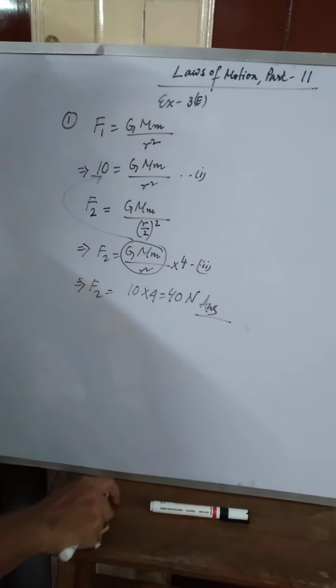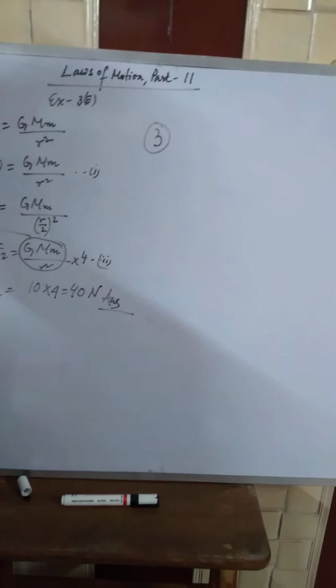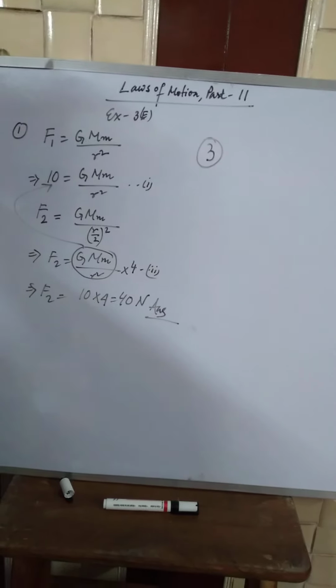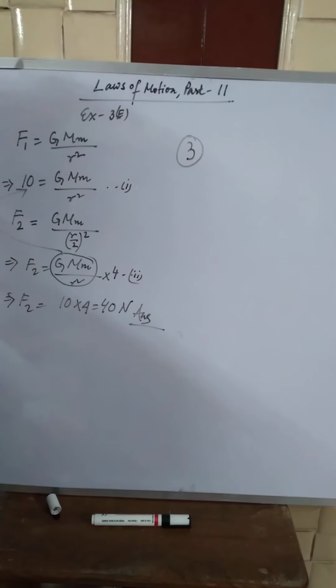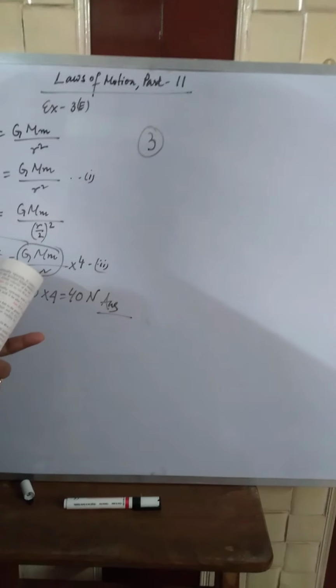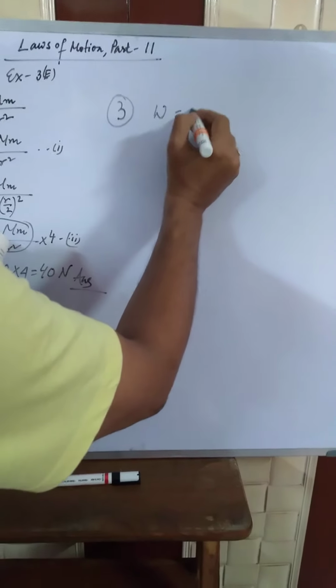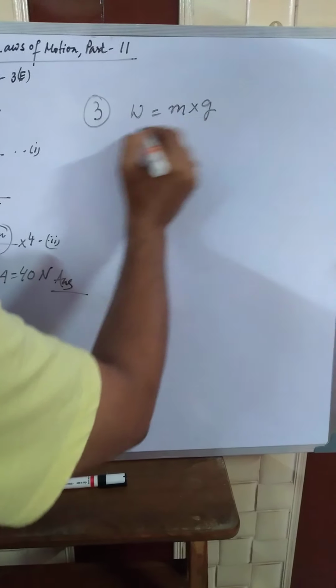Now come to question number 3: calculate the weight of a body of mass 10 kg in kgf and in Newton. Take g equal to 9.8 meter per second square. So W is equal to m into g.